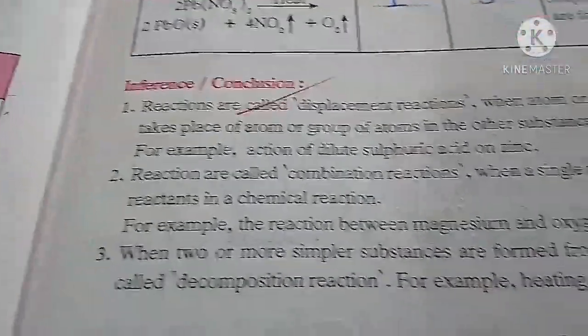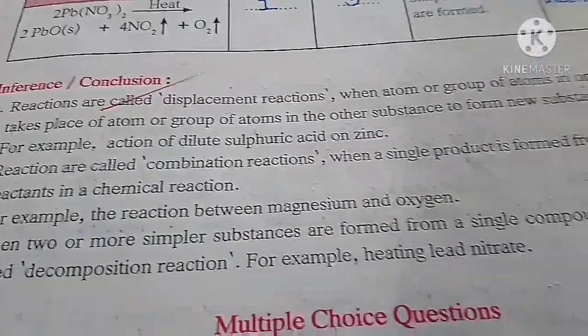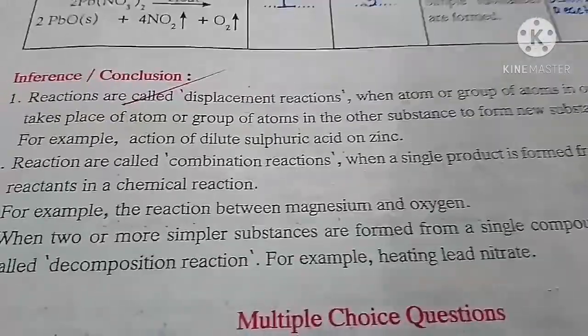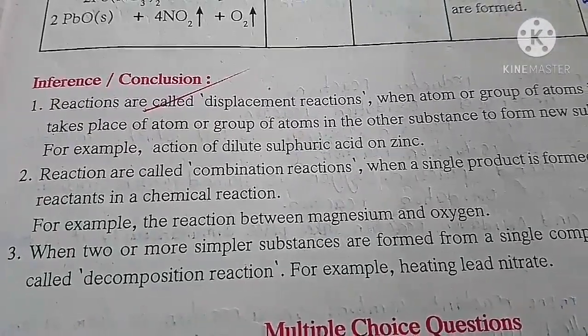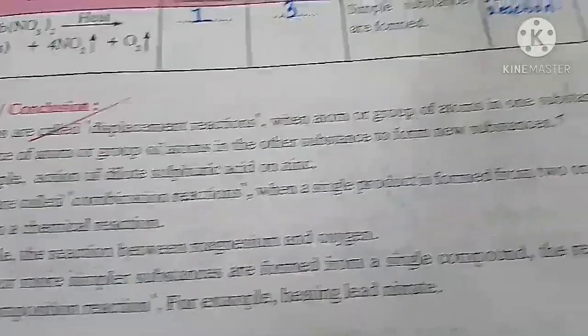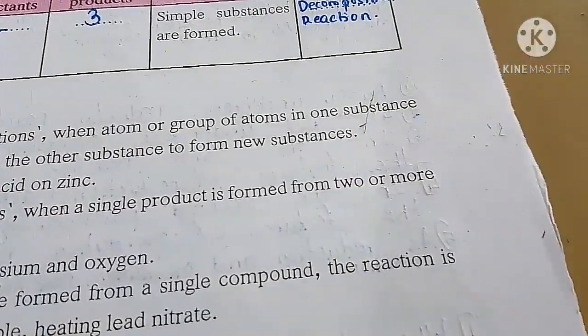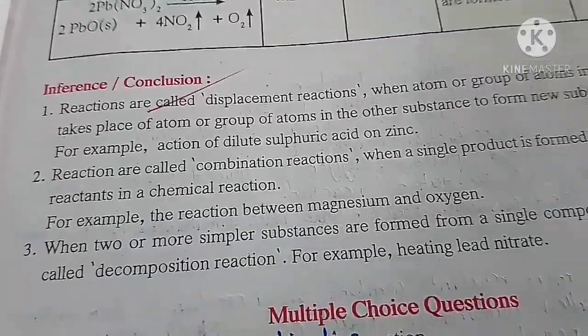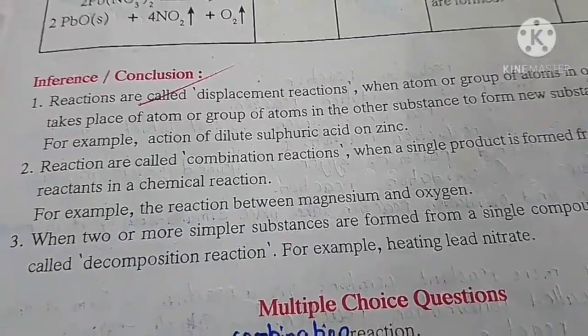Inference. Reactions are called displacement reactions when an atom or group of atoms in a substance takes the place of an atom or group of atoms in another substance to form new substances. For example, action of dilute sulfuric acid on zinc.